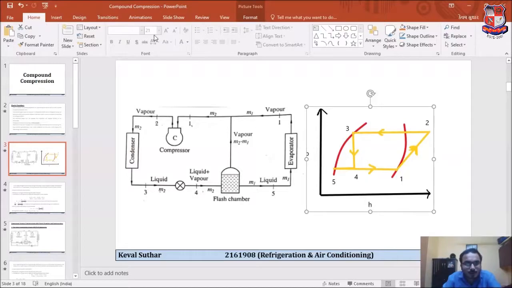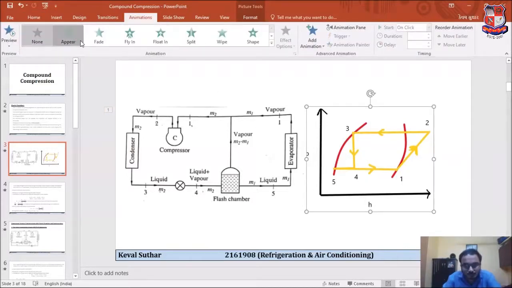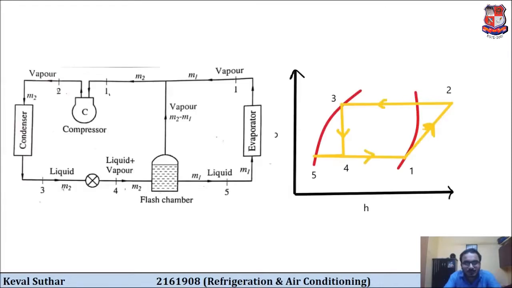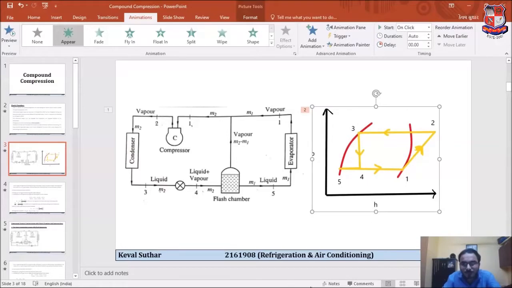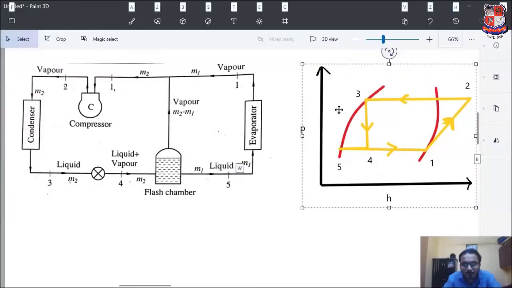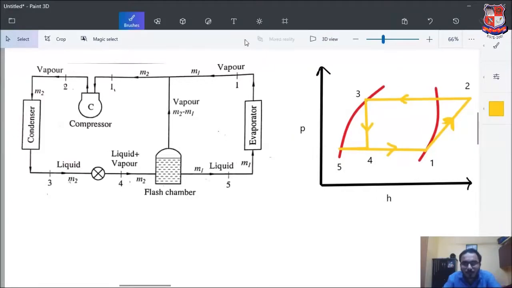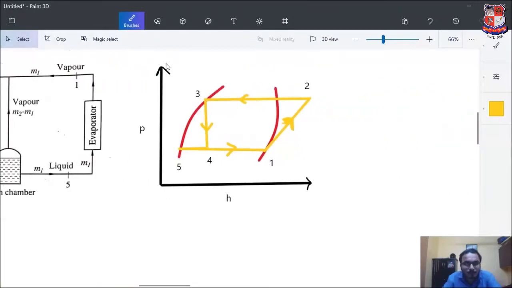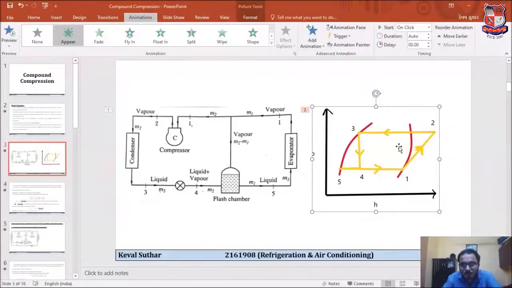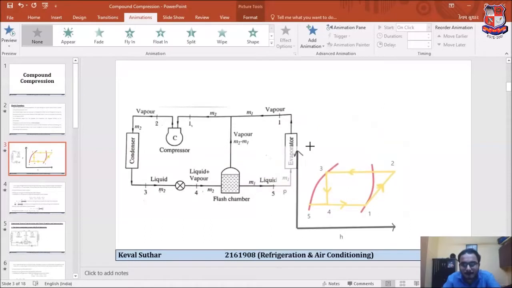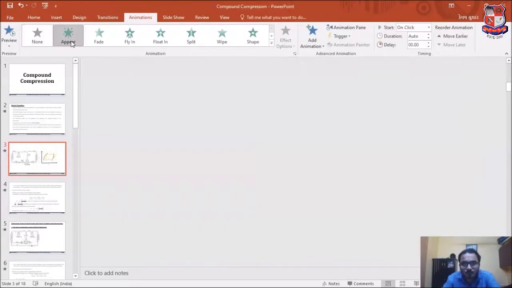So this is the complete arrangement as well as the pH diagram.